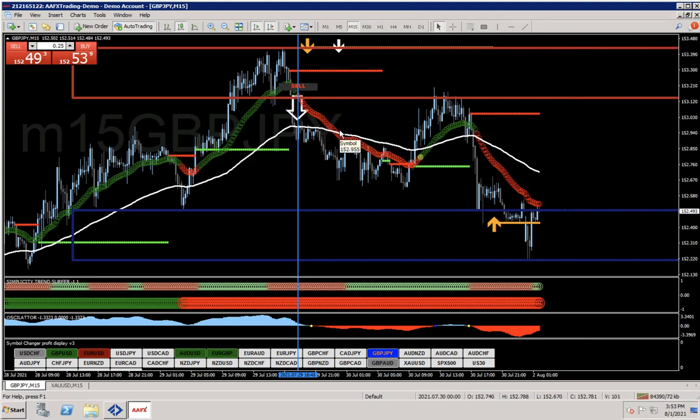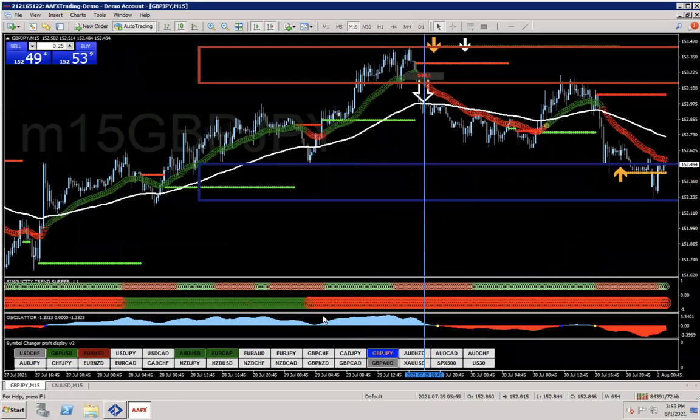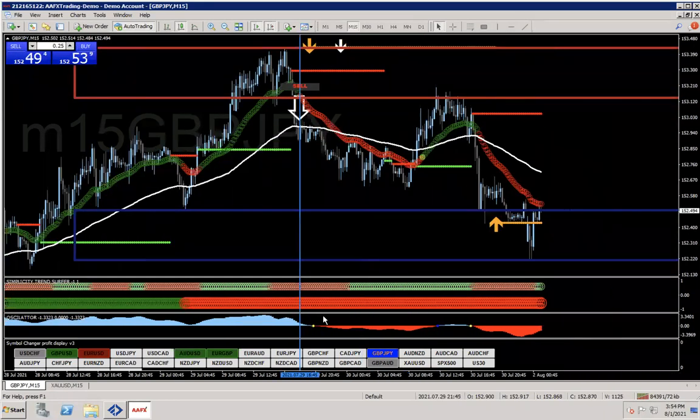Okay, now in this one right here, this is one of the nuances that I talked about, in that there are about 7 areas of confluence.